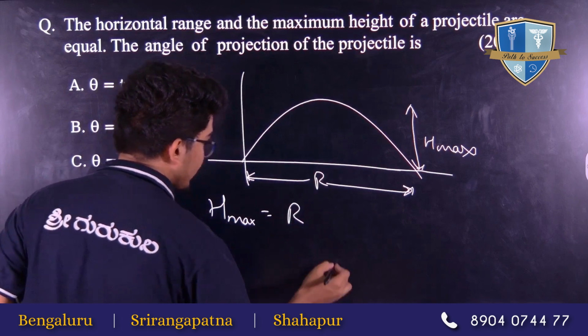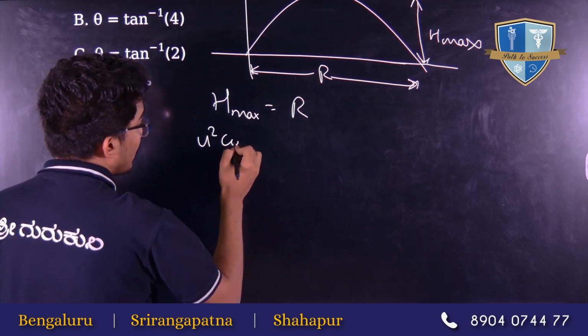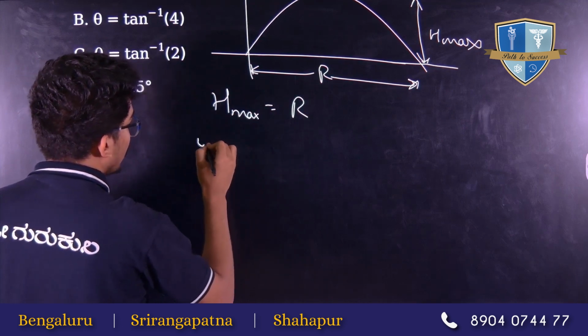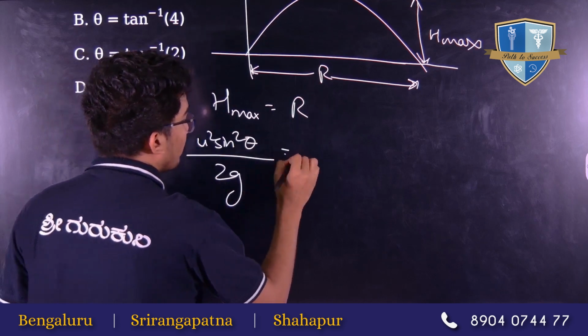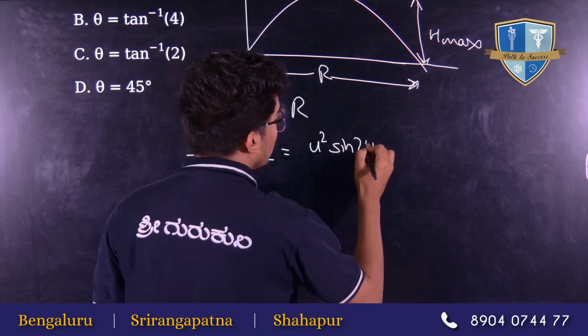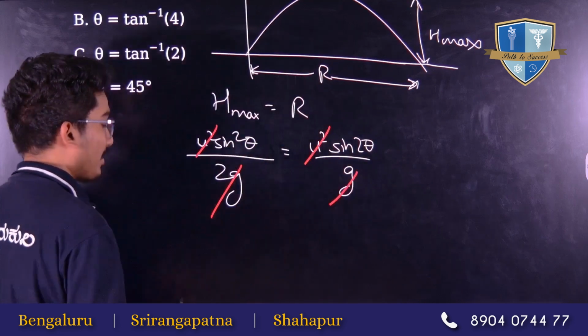What is the formula for h max? It is u square sin square theta by 2g, and the formula for range is u square sin 2 theta by g. So g and u square cancel out.